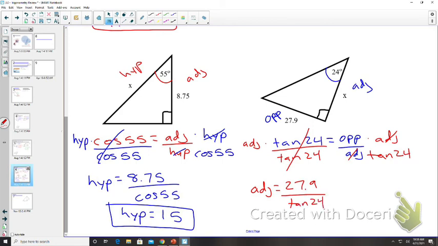I got 62.7 as well. 27.9 divided by tan of 24. 62.6. Oh my god. Yeah, 62.7 if you're rounding to 3 digits, right? Because the number beside that is larger.